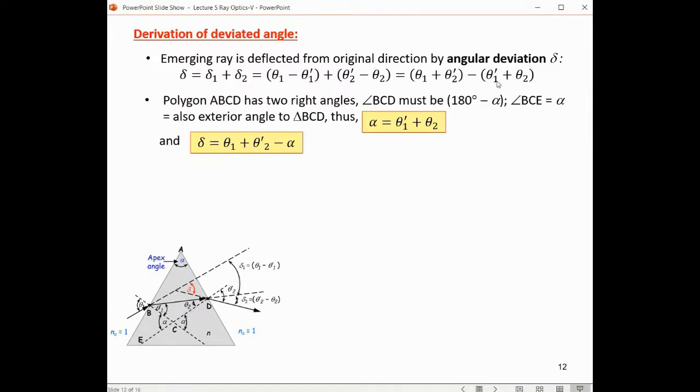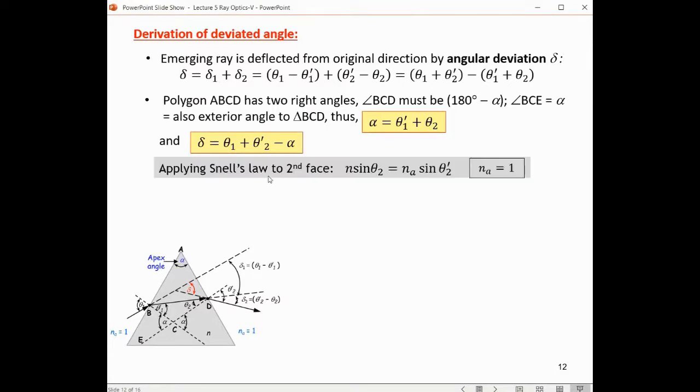Then we substitute this expression with alpha, that will give us delta equals theta 1 plus theta 2 prime minus alpha. And now we apply Snell's law to the second surface. Hence, we will have n sine theta 2 equals NA sine theta 2 prime. Well, NA equals 1 because this prism will be immersed in air.